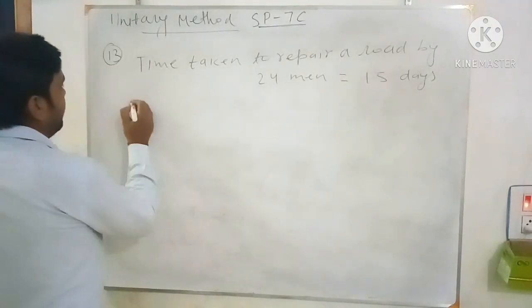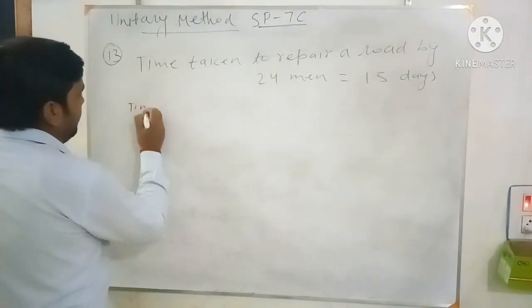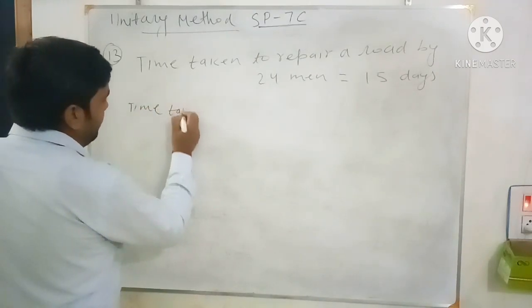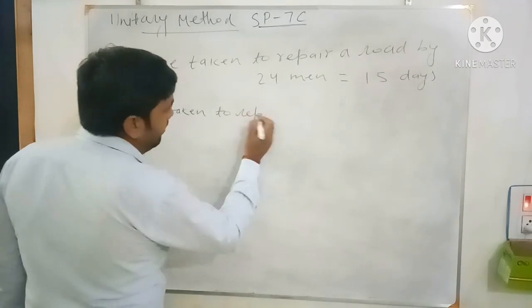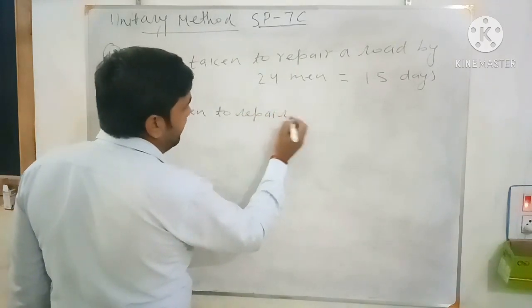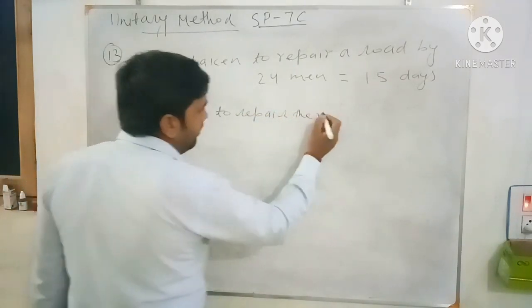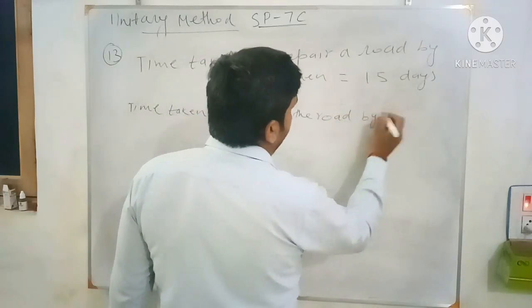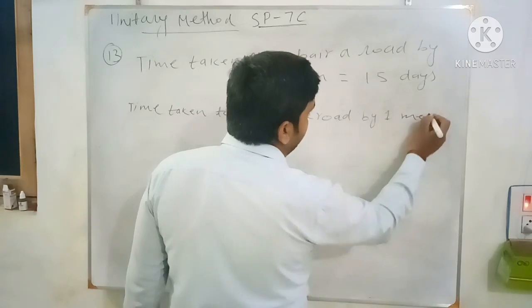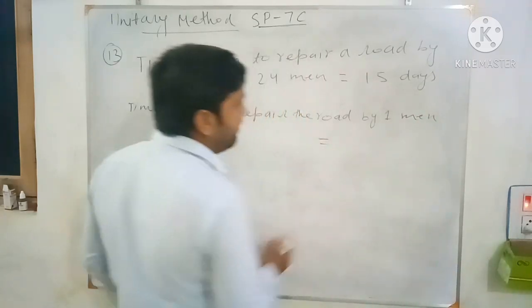So again we find the time taken to repair the road by 1 man. How much time will they take? If there is 1 man working continuously, he will take more time.